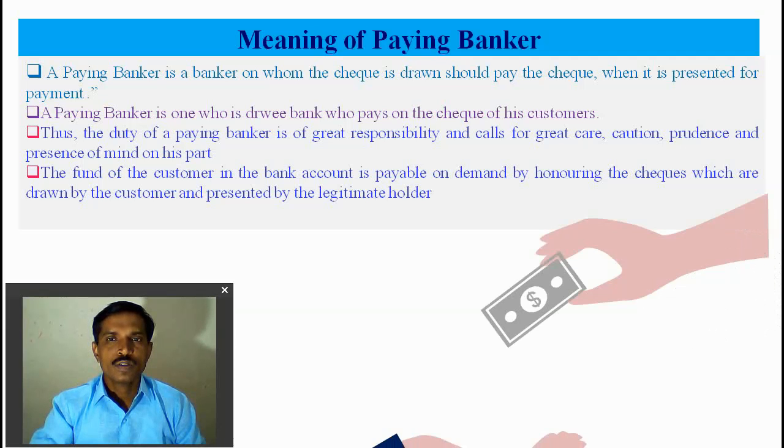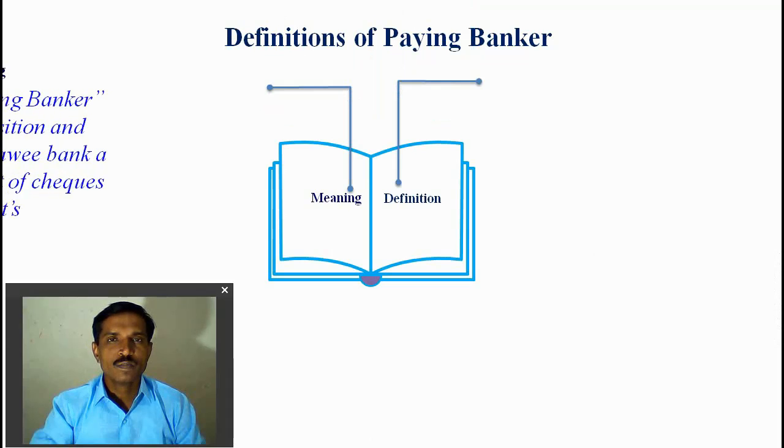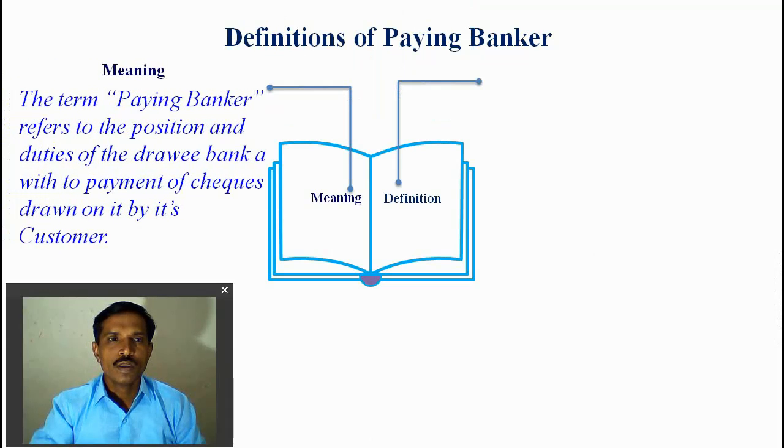Now the definition of paying banker as per the Negotiable Instruments Act. The term paying banker refers to the position and duties of the drawee bank with regard to the payment of a check drawn on it by its customer.